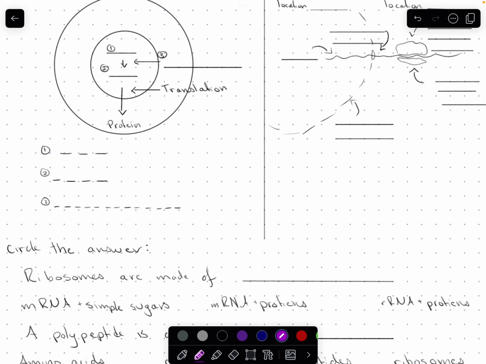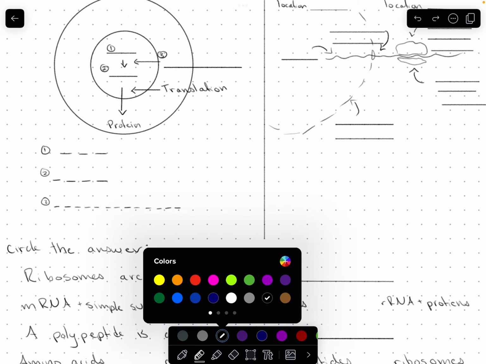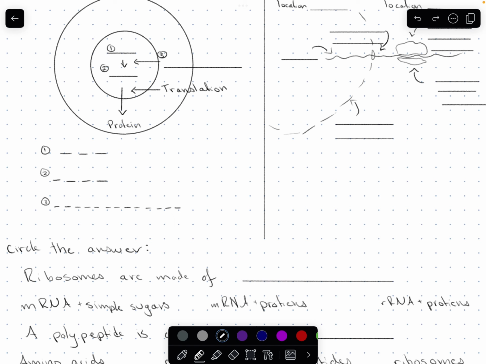You have your diagram of a cell, and you have your nucleus as this inner ring here, and then you have your cell wall, outer ring here. And so, step one starts off as what? Well, it starts off as DNA. That's where the information is.